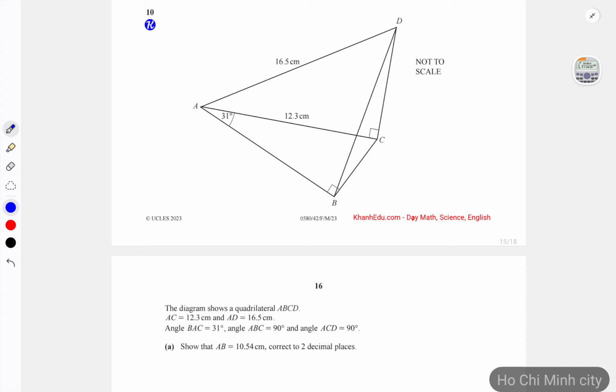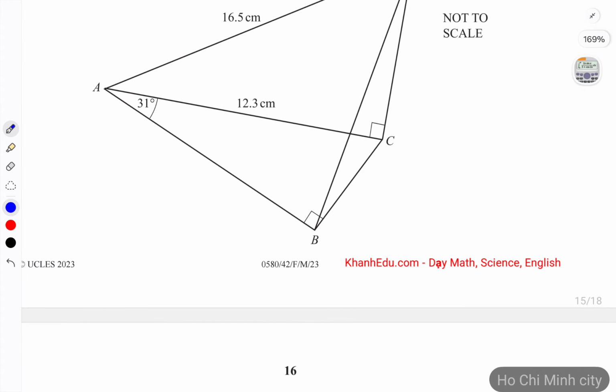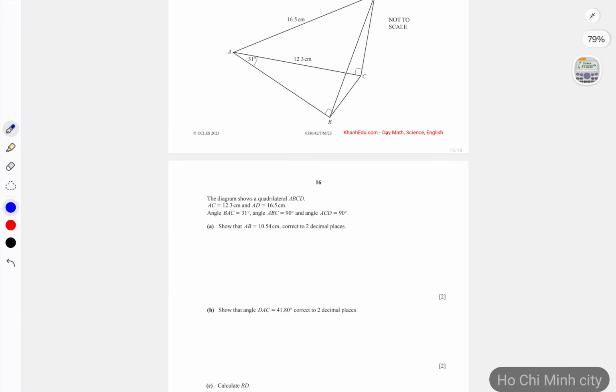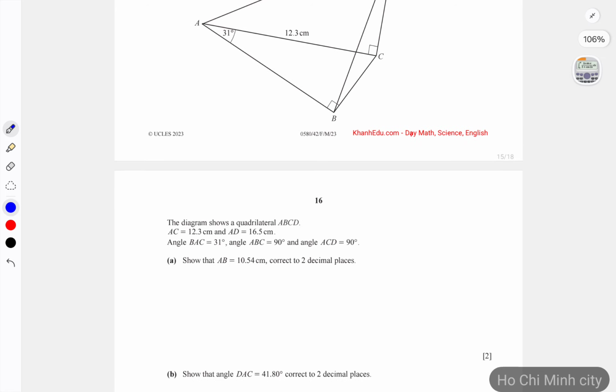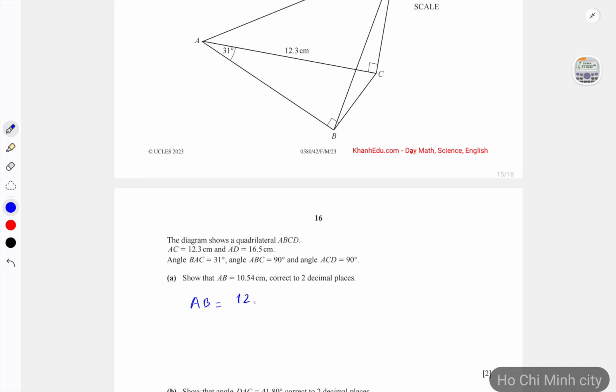All right, so in this right angle triangle, that is ABC, we already know the hypotenuse and one of the acute angles. So it is very easy to work out the length of one of the two sides. So AB is AC times the cosine of 31, the cosine of BAC.